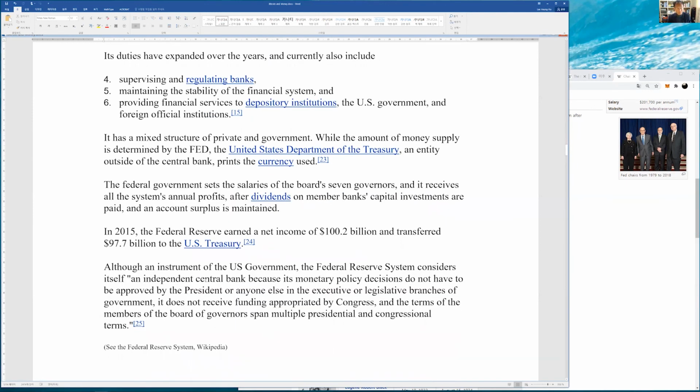So although an instrument of the U.S. government, the Federal Reserve System considers itself an independent central bank because its monetary policy decisions do not have to be approved by the president. Actually, these are small decisions, right?